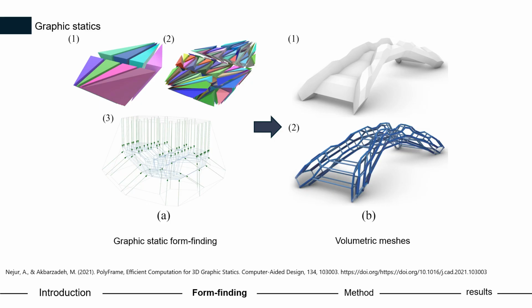As you can see in this figure, 3D graphic statics is a form-finding method that generates equilibrium-based geometries. Unlike surface meshes, volumetric meshes capture not only the skin, but also the internal logical forces. This makes them powerful for design, but also difficult to fabricate because faces may be shared by more than two cells.